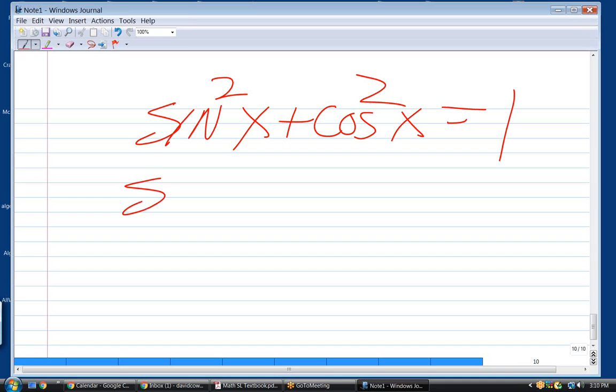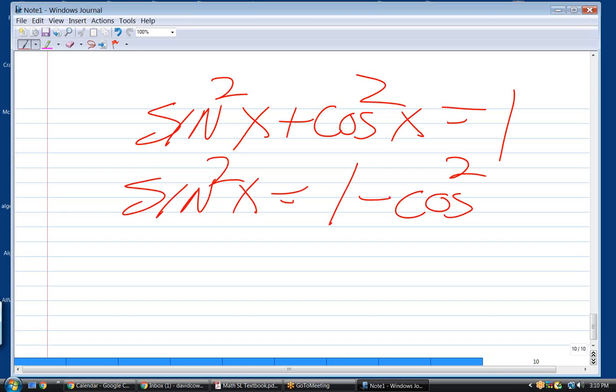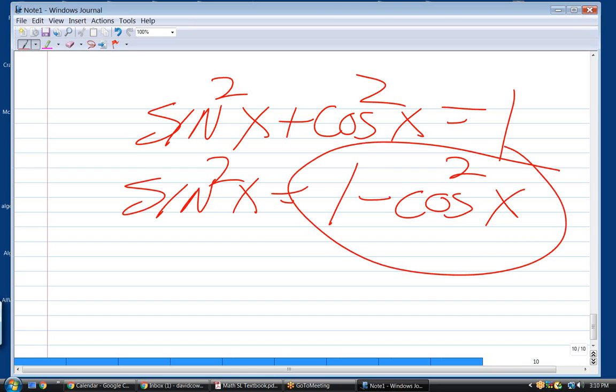What they're going to do is alter it. So they'll give you identities where they give you that, and you have to recognize that that's the same as sine squared x. And 1 minus sine squared x is the same as cosine squared x.